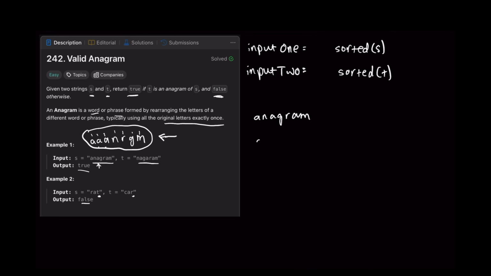So it's going to go from anagram to something like this, and so forth, all the way for G, R, and M, and it's going to have everything in an array.